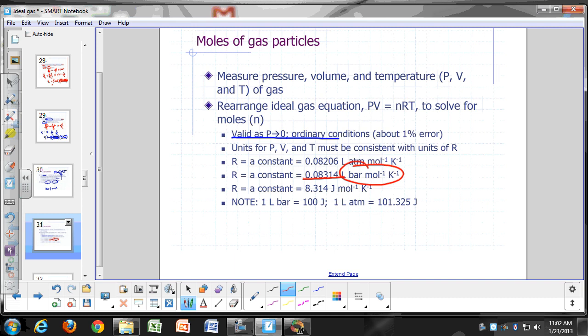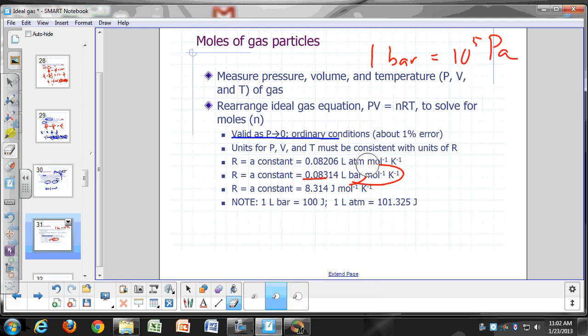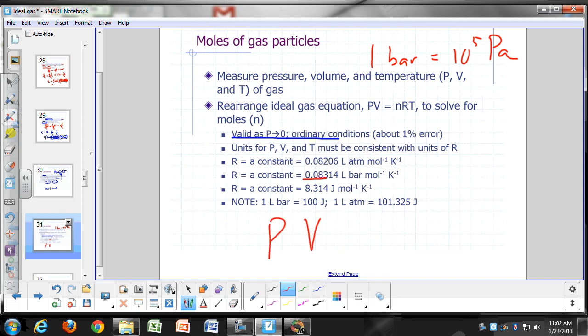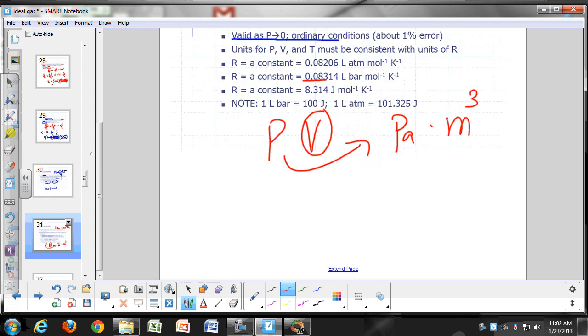If you remember, what was a bar? A bar is 10 to the 5th pascals, right? A liter bar is in fact related to a joule, the SI unit for pressure times volume. What's the SI unit for pressure again? Pascal, and the SI unit for volume is cubic meters, right?